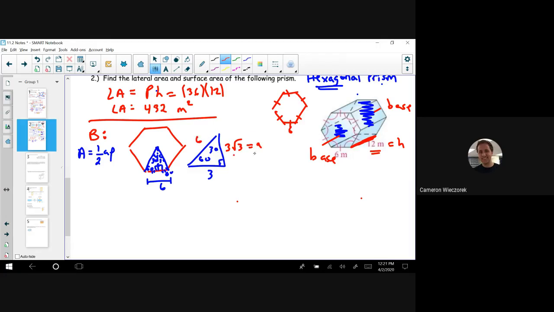So there's my apothem. And our perimeter we already computed. The perimeter was 36. So the base area is 1/2 the apothem, 3 rad 3, times the perimeter, which is going to be 36.